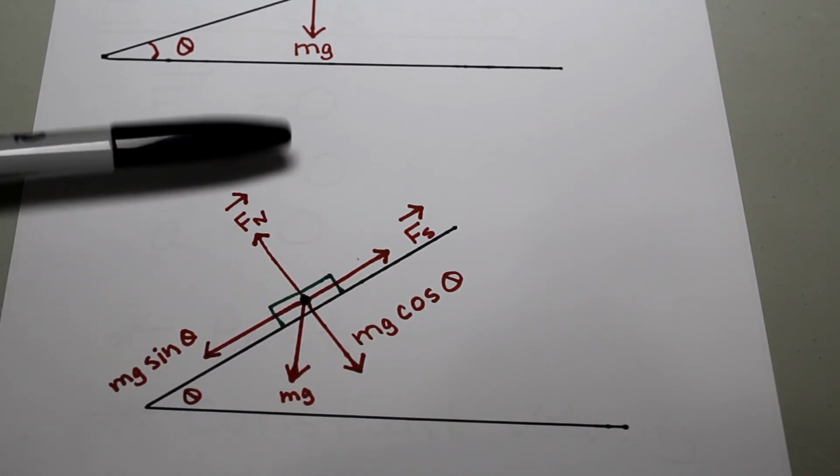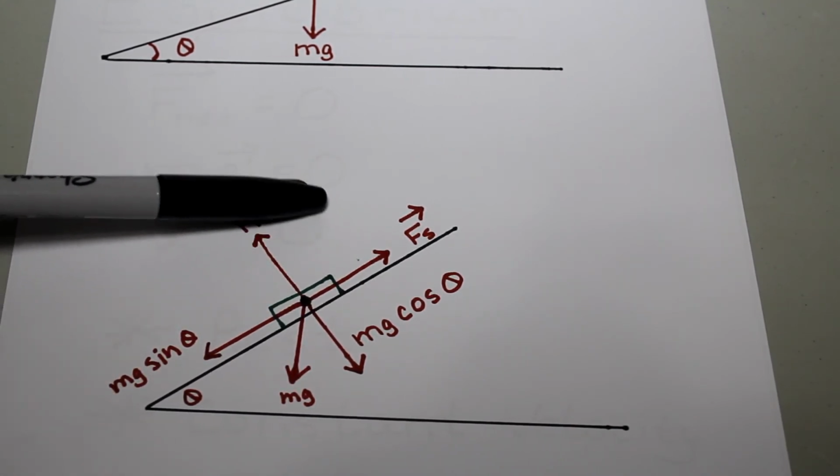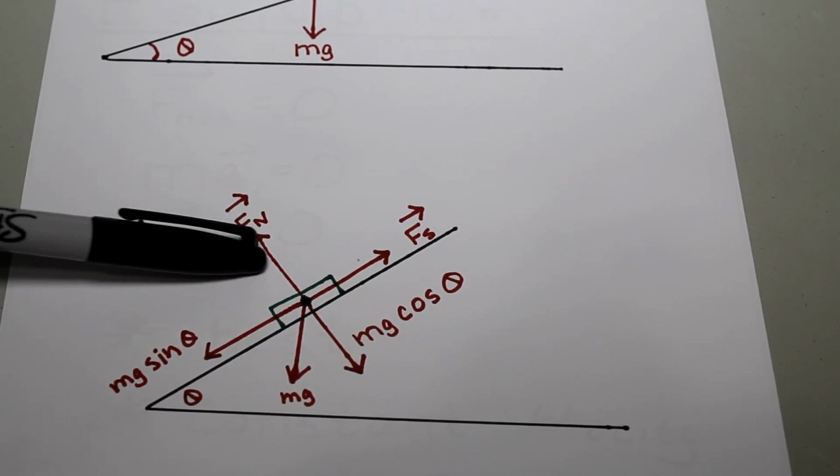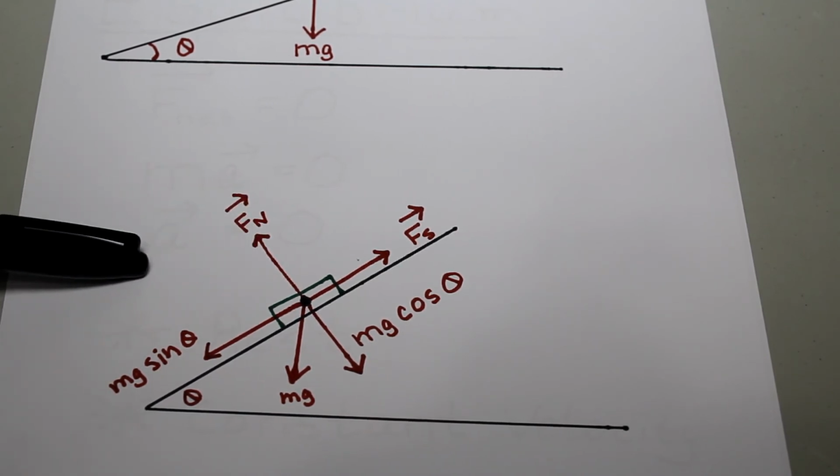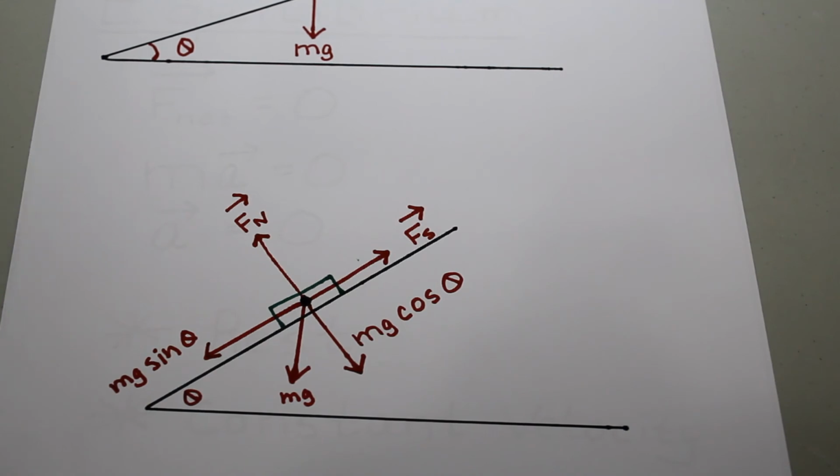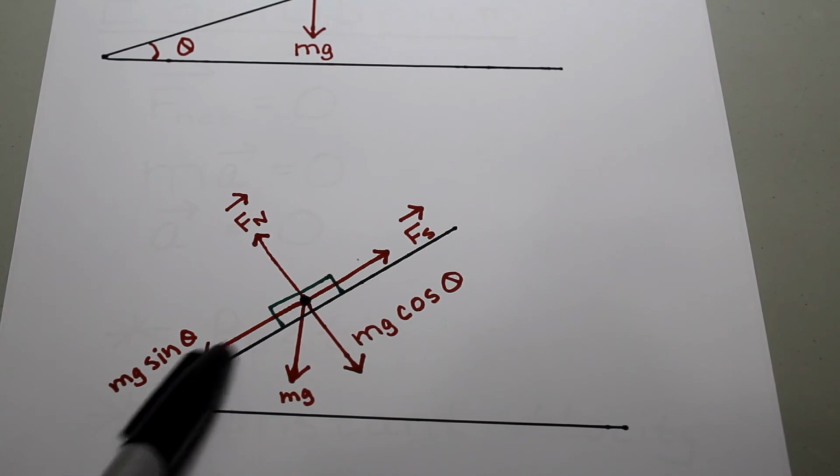And we have a static frictional force going up the ramp, so we must have something going down the ramp of equal magnitude but opposite direction. And this we see is mg sine theta, and that's just a little bit of geometry, but it's easy to remember that mg sine theta is going down the ramp.